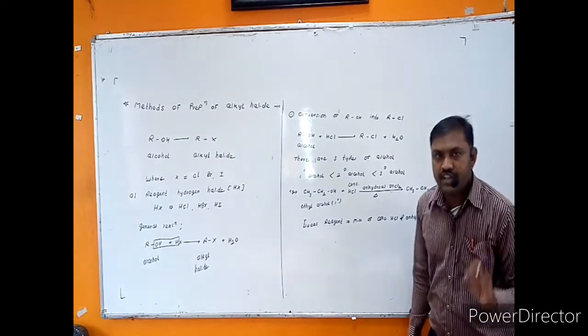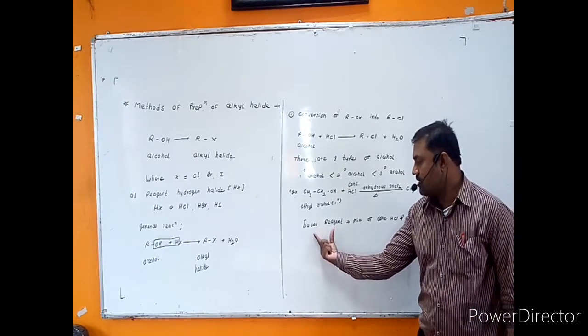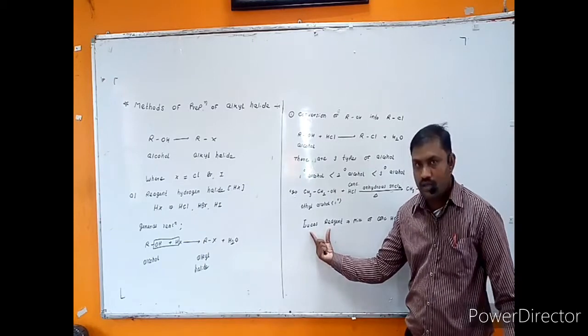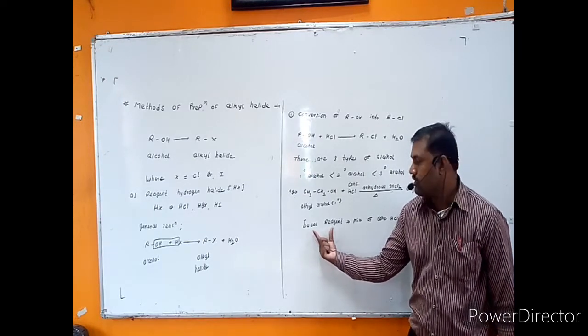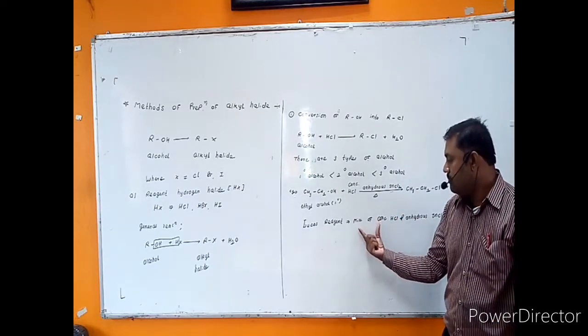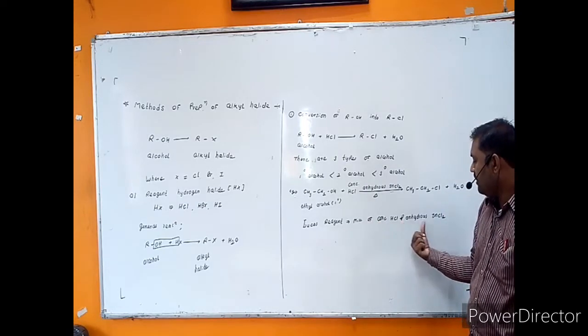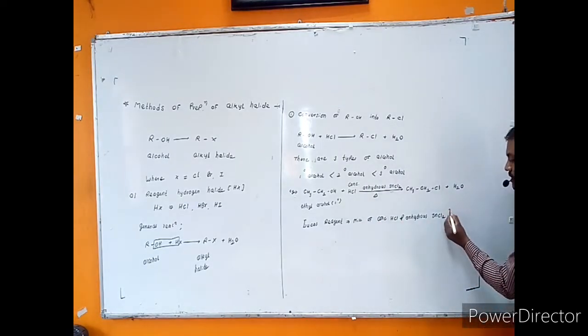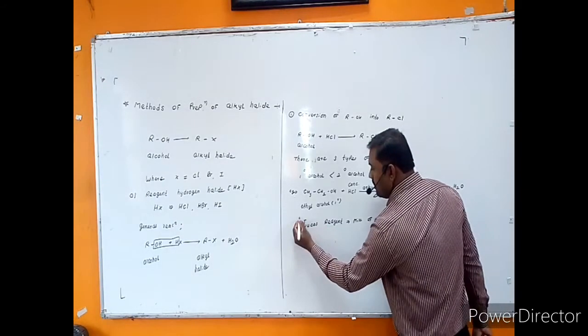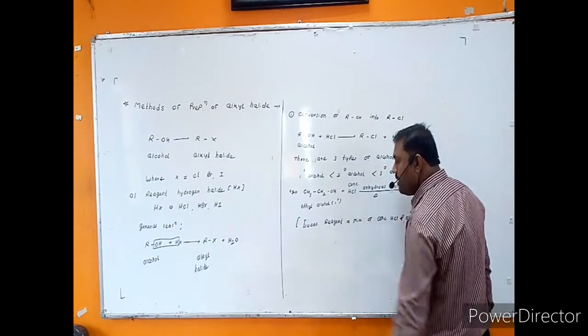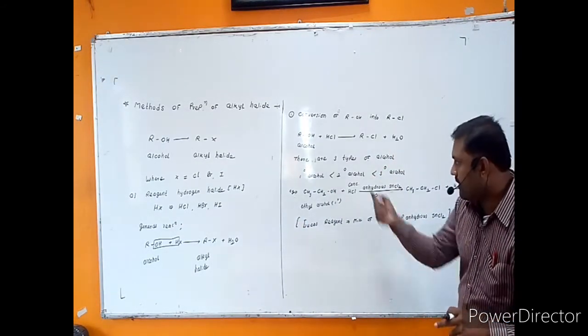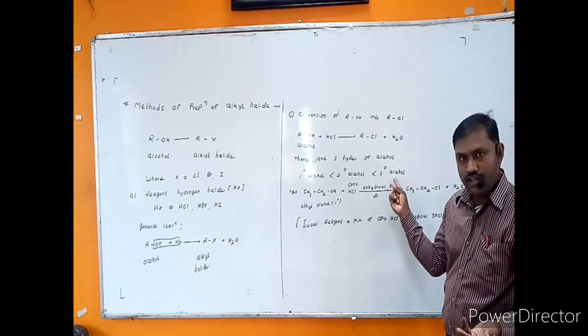In a competitive exam, most of the time this kind of question comes. What is Lucas reagent? For 1 mark also, what is Lucas reagent? Remember this, it is a mixture of concentrated HCl and anhydrous ZnCl2. Clear? Now instead of this primary alcohol, one can use the secondary alcohol or tertiary alcohol.